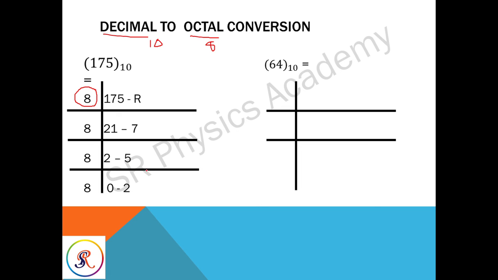So again we can write. If you are an expert, we can stop it from here only, no problem. 2 5 7. So how we will write it? Lower to up. The answer is 2 5 7 8.